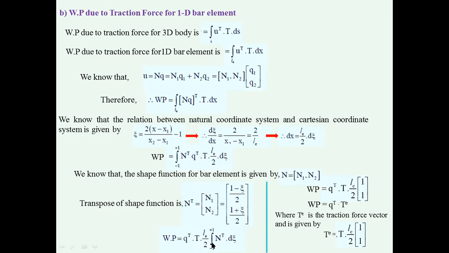Now, N transpose is 1 minus zeta by 2, 1 plus zeta by 2, integration of minus 1 to plus 1. You do the integration of this and you will get a value of 1, 1. Therefore, q transpose into T into LE by 2 in the bracket 1, 1. This term I will represent as TE. Therefore, the work potential equals q transpose into TE, where TE is the traction force vector, which is given as TE equals T into LE by 2 times (1, 1). So this is the traction force.